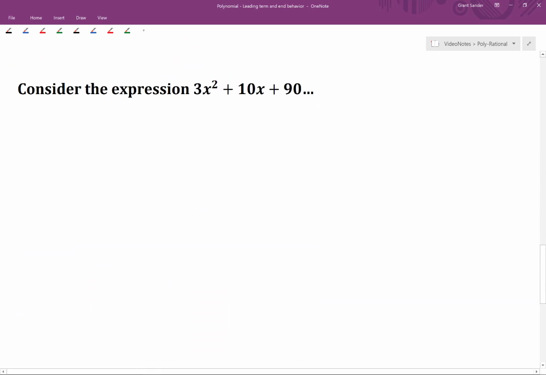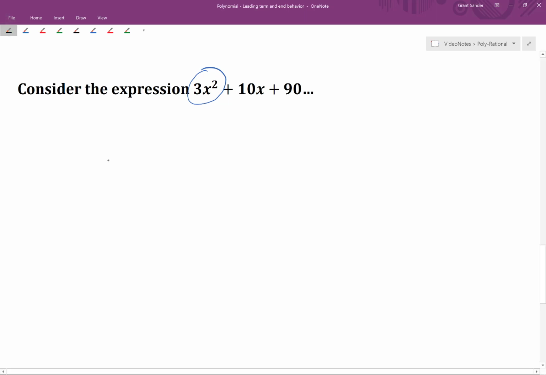So consider the expression 3x squared plus 10x plus 90. As x gets really, really large in either the positive or negative direction, this 3x squared, that leading term, is what the entire polynomial expression essentially looks like.